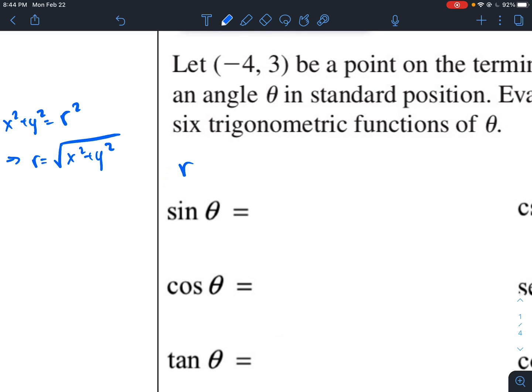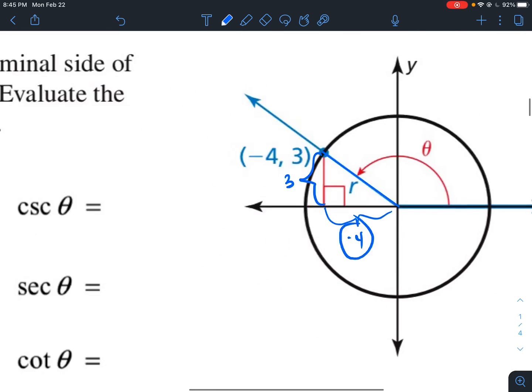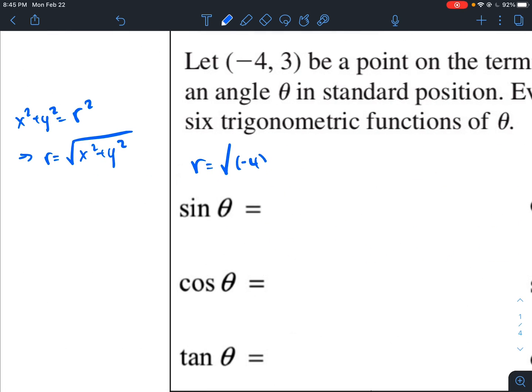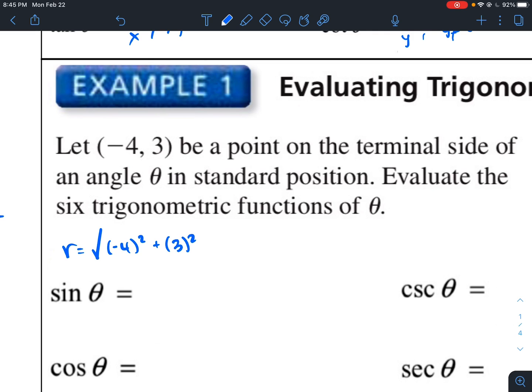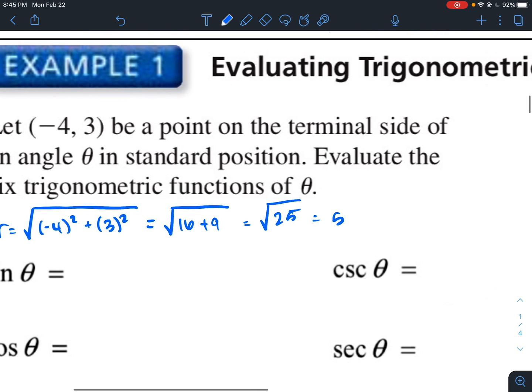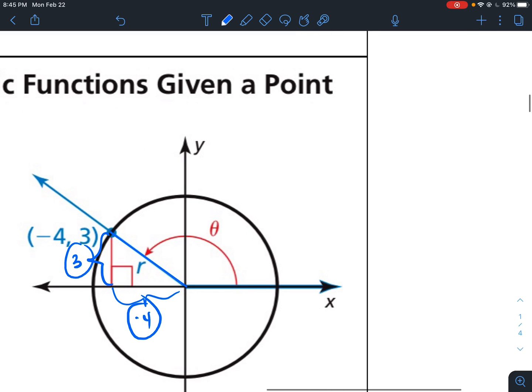So in this case, r is equal to the square root of x squared, so my x is negative 4, so negative 4 squared plus y squared, which is 3. And this is equal to the square root of 16 plus 9, and that's equal to the square root of 25, and that's equal to 5. So my radius is 5.